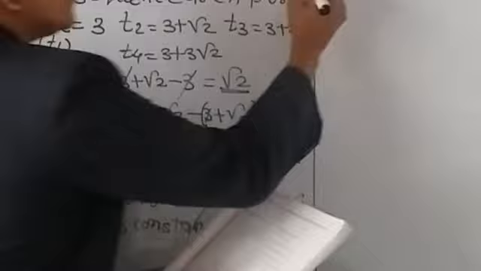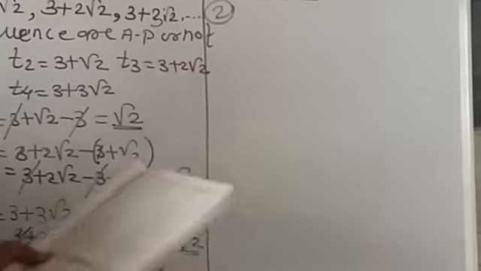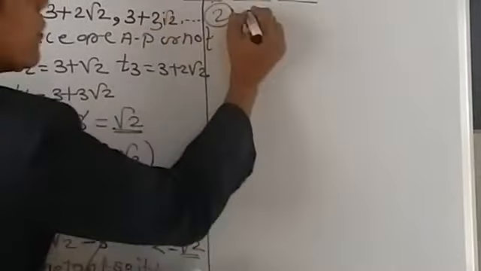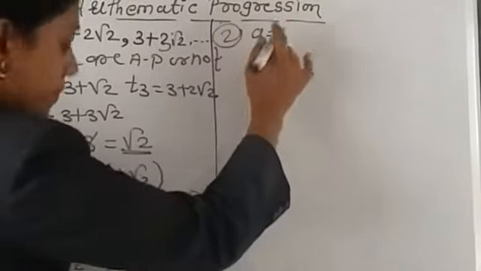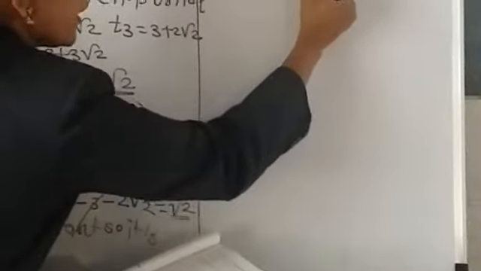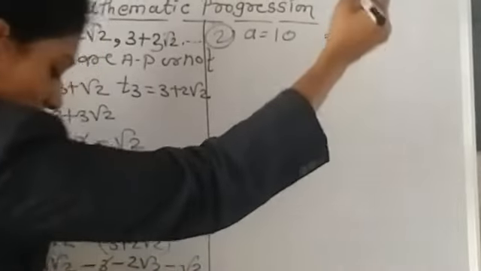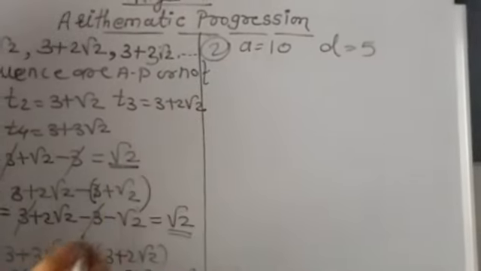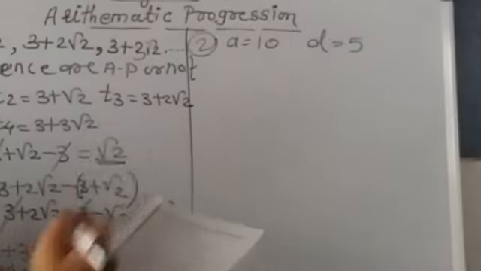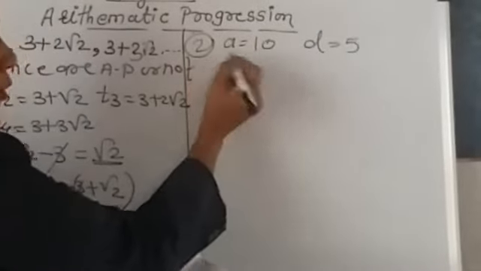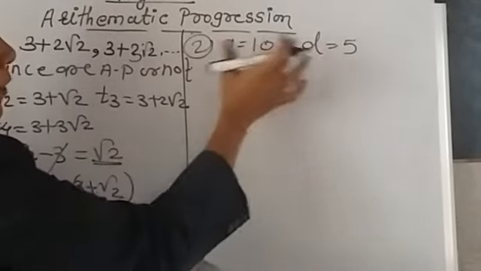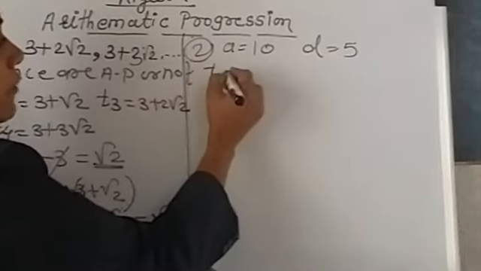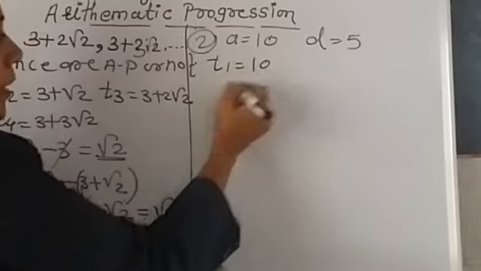See the next example, the second example. Here the first term is given and common difference is given. First term is 10 and common difference is 5. So how to find the AP here? I told you the term formula, for when the first term and difference are given. So T1 is equal to 10.